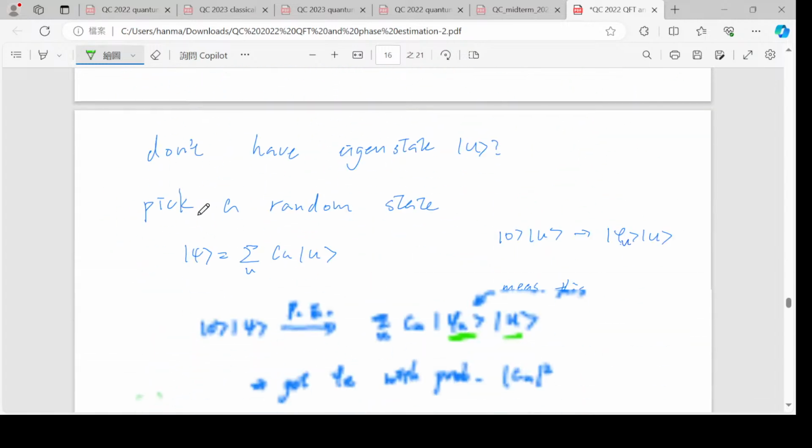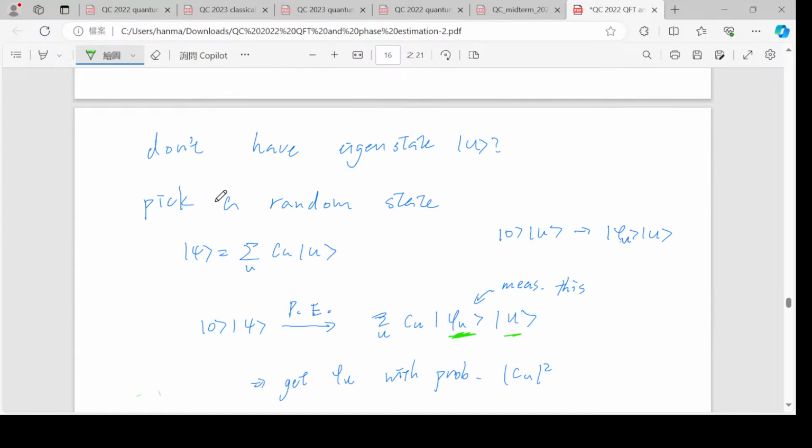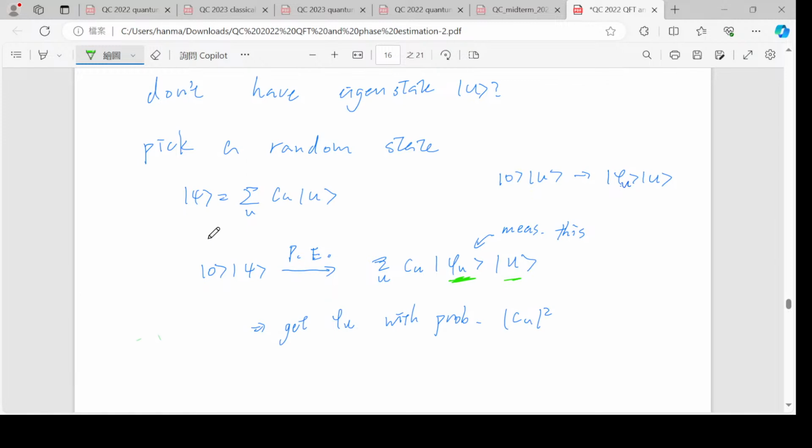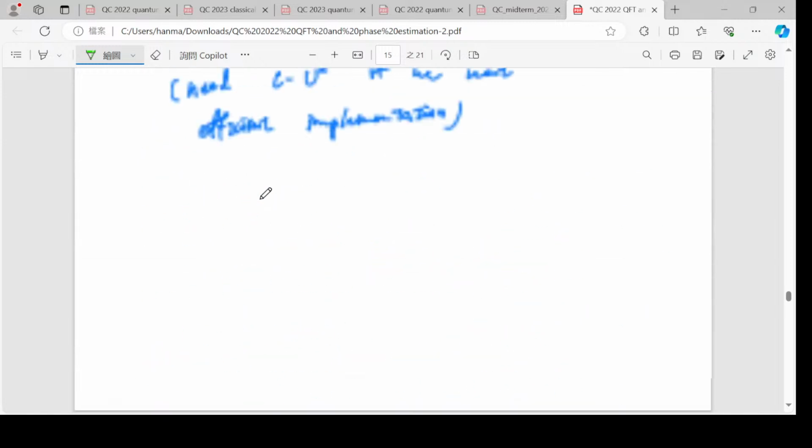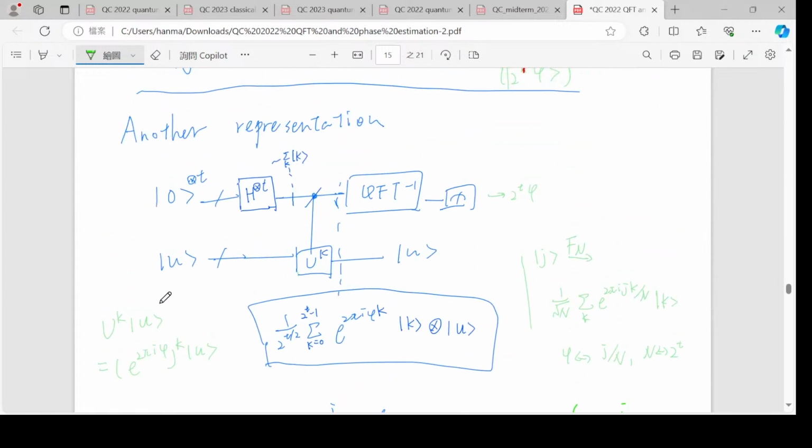That's true, it's hard to find an eigenstate. But even if you don't have an eigenstate, you can still get something, and this is what we will do when we do factoring.